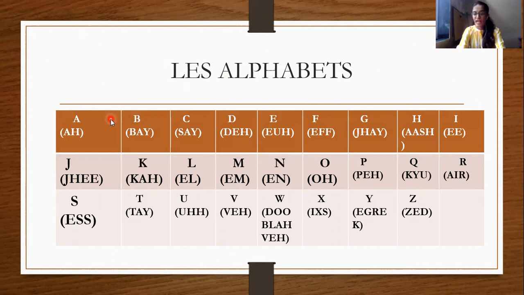A in French is pronounced as A. B as B. C as say, like the English letter C. D like they.